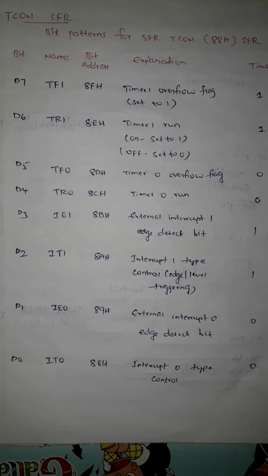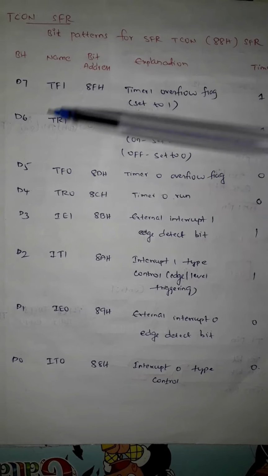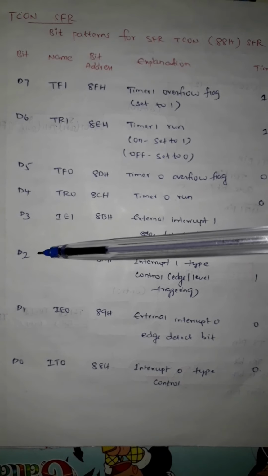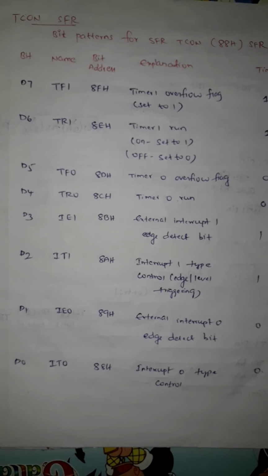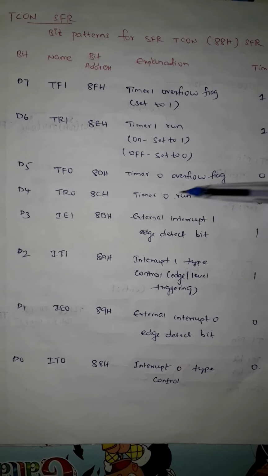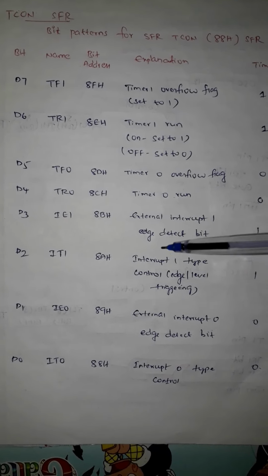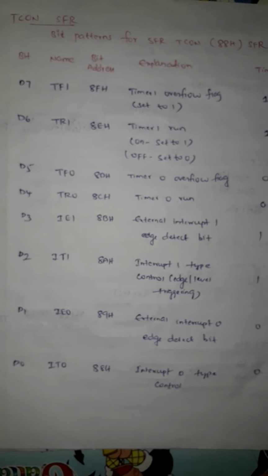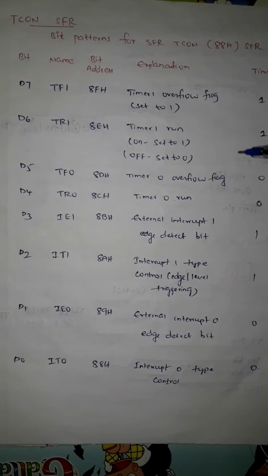You can see that D7, D6, D5, D4 are used for timers, TF1, TR1, TF0, TR0, whereas the D3, D2, D1 and D0 bits are used for interrupts. So they are not related to the timers. We will discuss D3, D2, D1, D0 in the interrupts of the 8051.